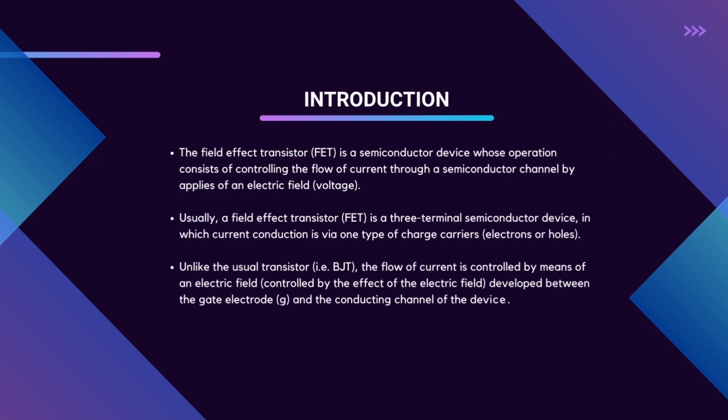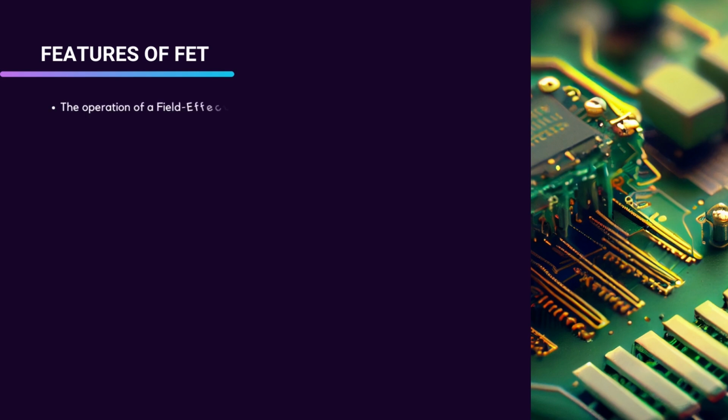Unlike the usual BJT, bipolar junction transistor, the flow of current is controlled by means of an electric field, that is controlled by the effect of electric field developed between the gate electrode and the conducting channel of the device. The operation of a field effect transistor FET device is based on the electric field intensity produced in the channel.